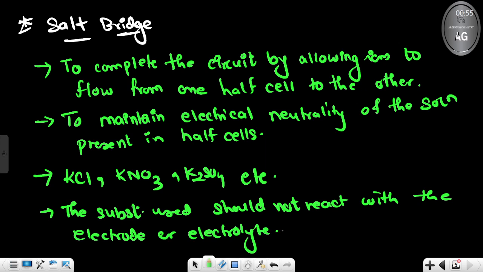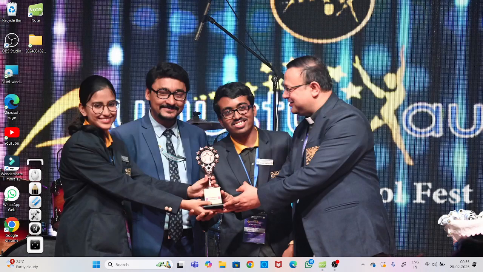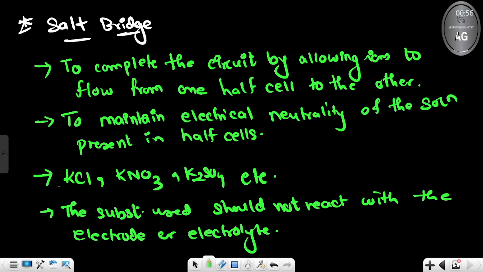Clear? The substances that we have used should not react with the electrolyte or the electrode. Then what we want, we never get. So please remember that the substances we use should not react with the electrode or the electrolyte. Clear? Never issue. This is the prime condition.